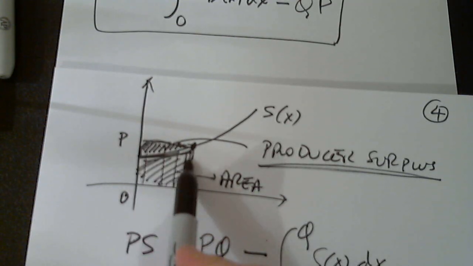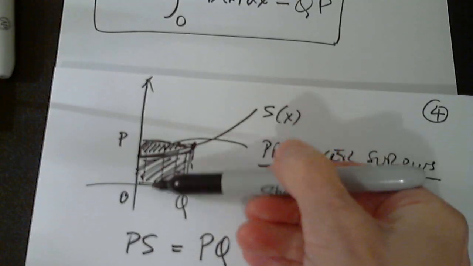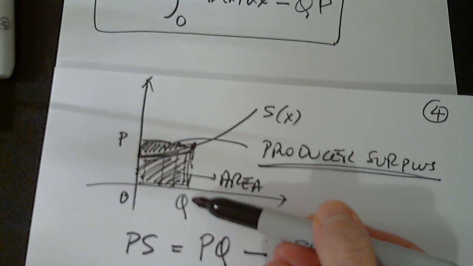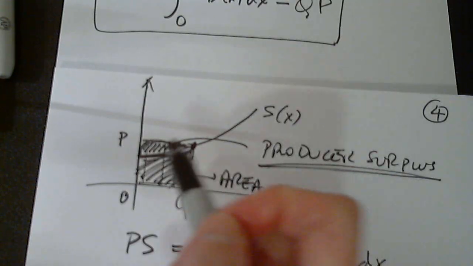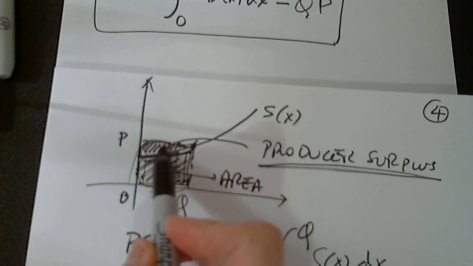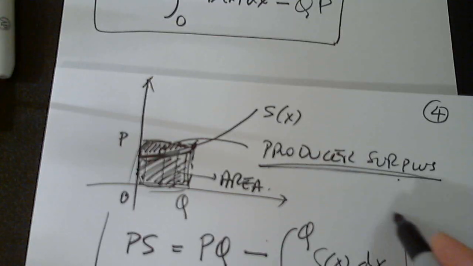So this is the area of the rectangle from which we subtract the area under the graph of S of x between 0 and Q. And we obtain this area. So from the total, I subtract the area below, and I get this area, which is the producer surplus. And this is the formula.